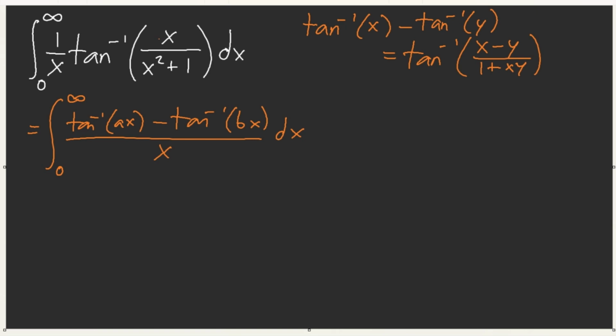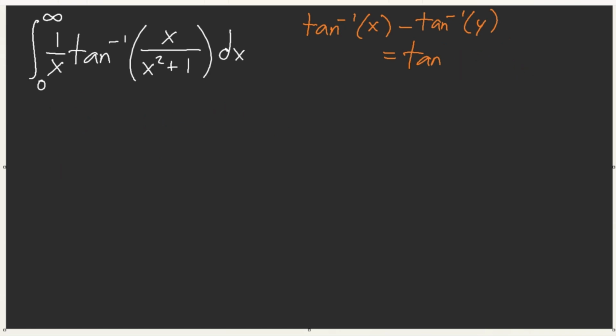So what we have is we want inverse tangent of ax, I'm sorry, not plus, we want minus, because Frullani requires a subtraction.